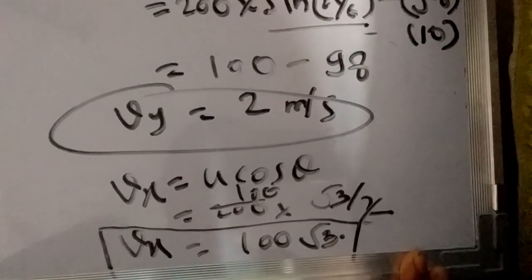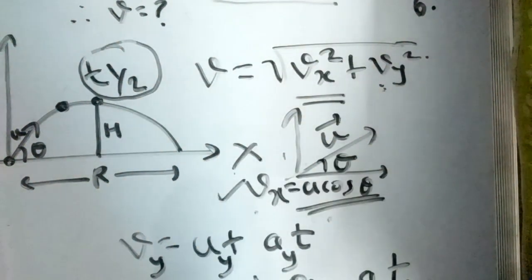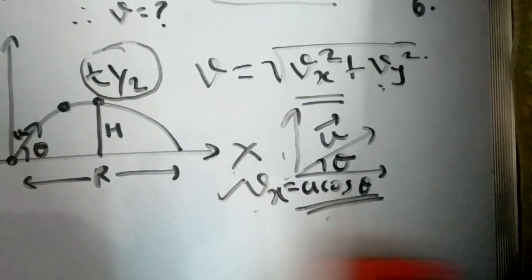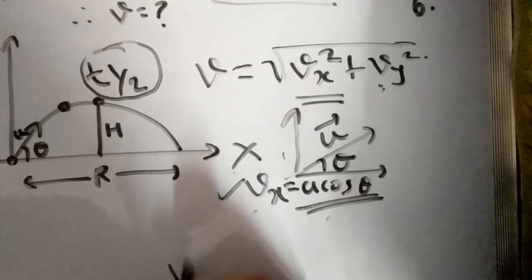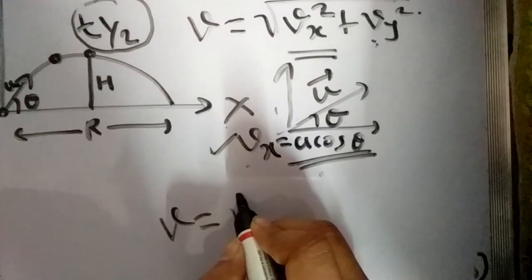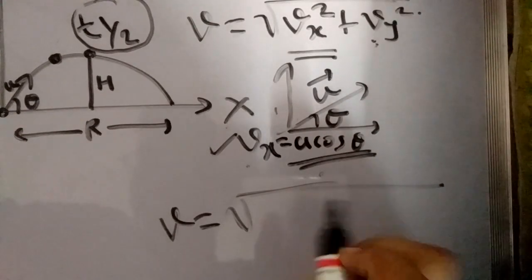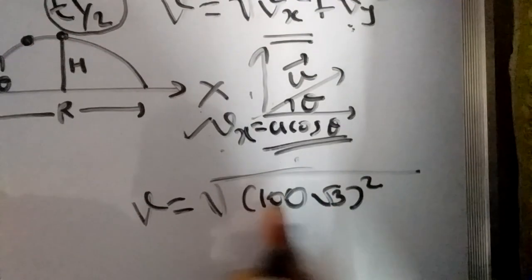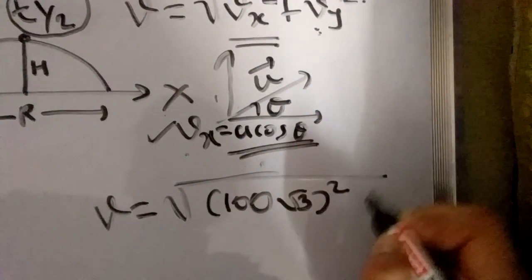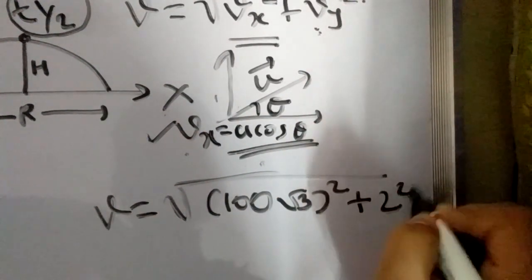So simply put both values in the formula, which is, what is your formula? V equal to square root of Vx square plus Vy square. So I will write like this: V equal to under root of Vx square, which is 100 root 3 square, this is the value of Vx we got, plus Vy square, Vy is 2, so 2 square.